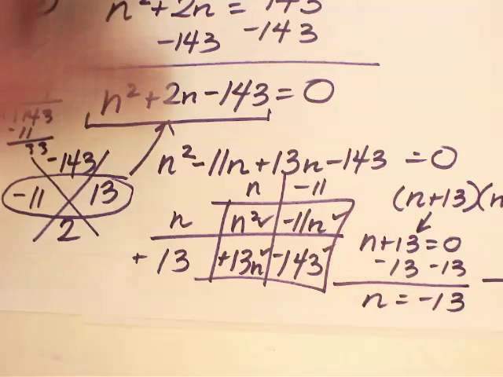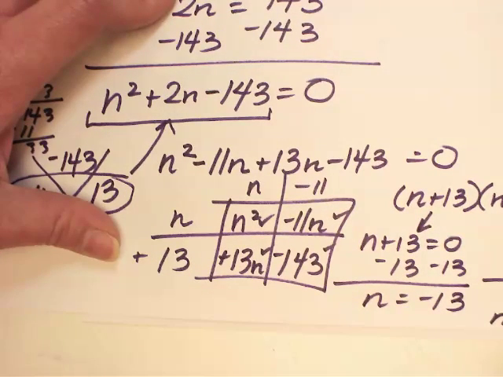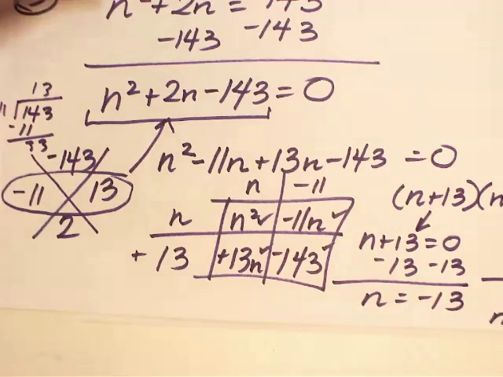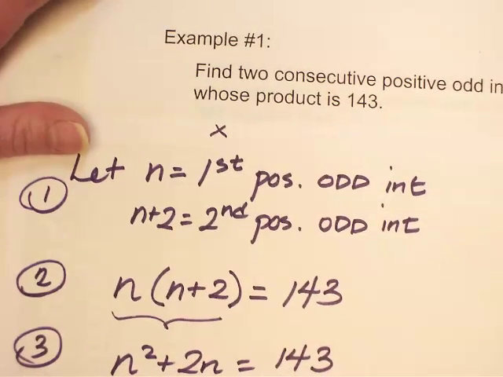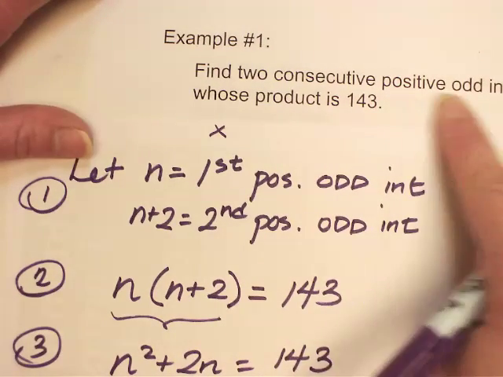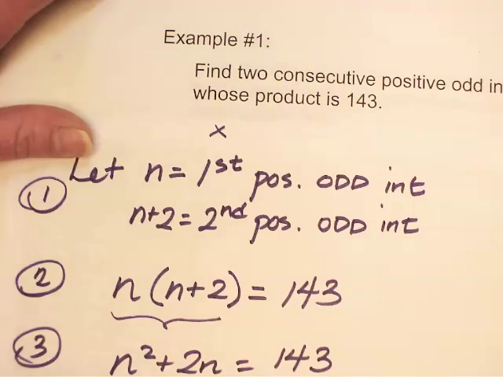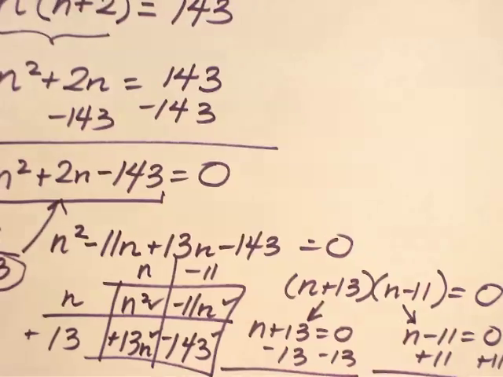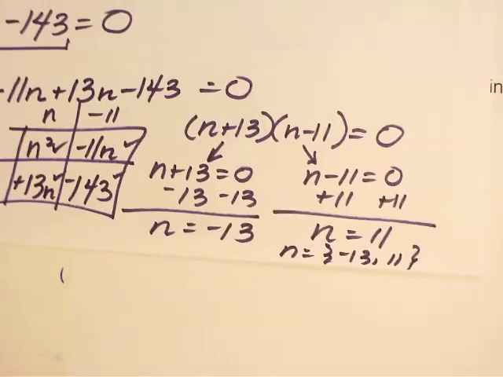So my solution set would be negative 13 and 11. However, I need to make sure I answer the question. So going back to the question itself, it says find two consecutive positive odd integers whose product is 143. Now going back, my solutions are negative 13 and positive 11.